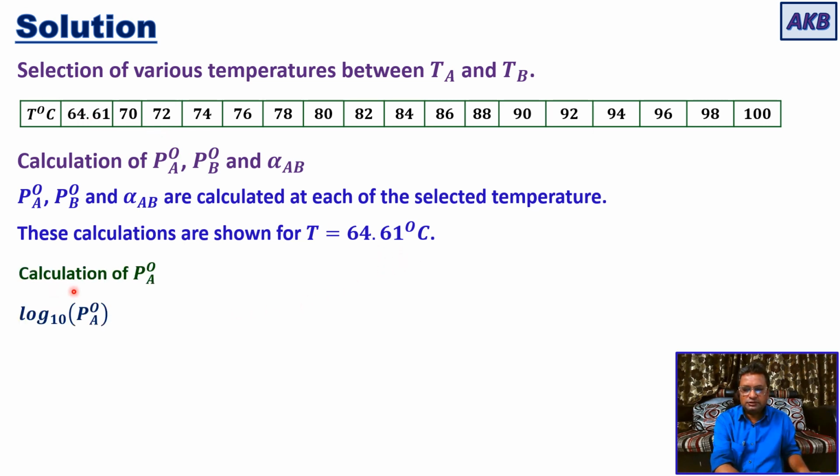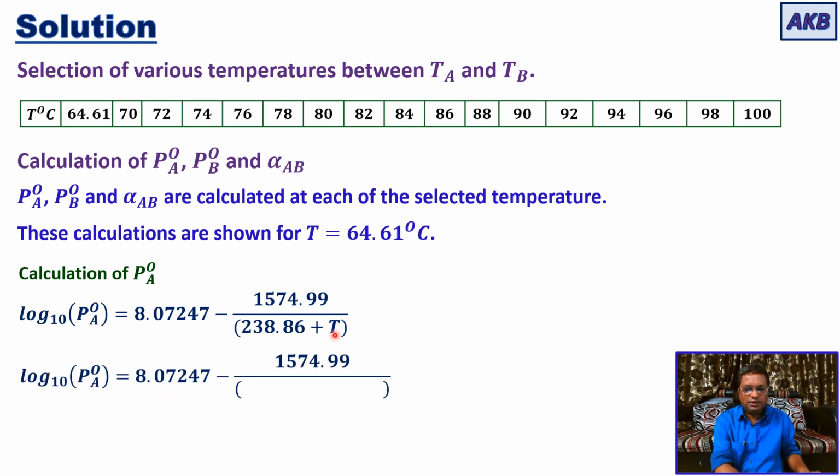So first we'll calculate PA naught. For that I'll be using the Antoine equation that is given to us. Log to the base 10 PA naught is equal to 8.07247 minus 1574.99 divided by 238.86 plus T. Okay. Now the task will be, we will use T as 64.61.